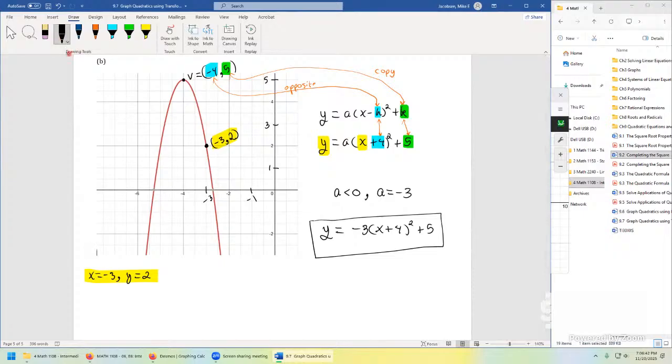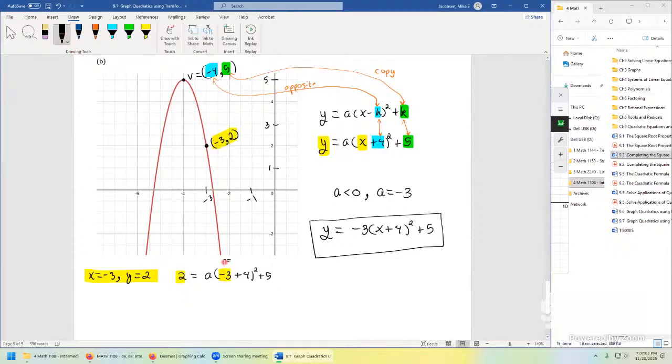So if we did that, we'll have 2 equals a times (-3 plus 4) squared plus 5. Again, substituting it in here where it's highlighted in yellow. Doesn't hurt to re-highlight these to show where we substituted.